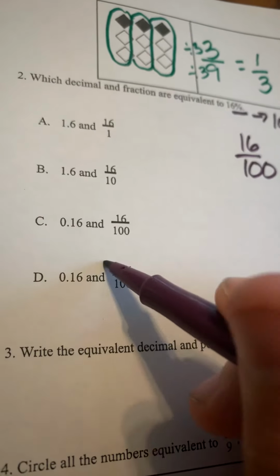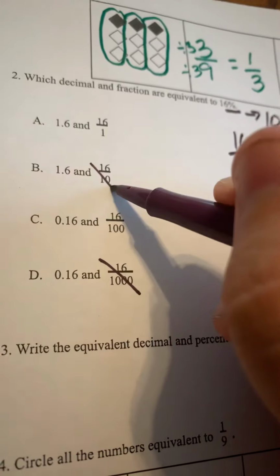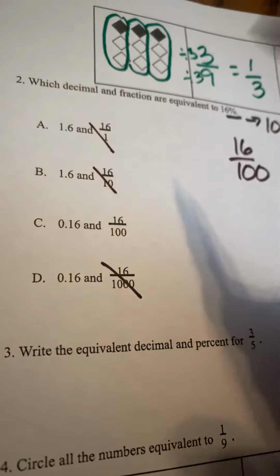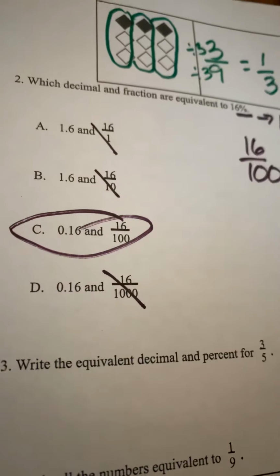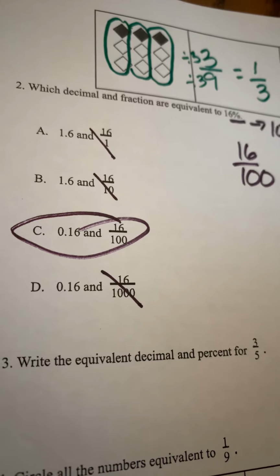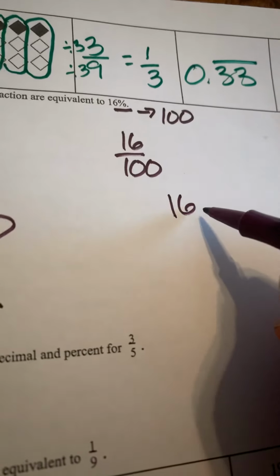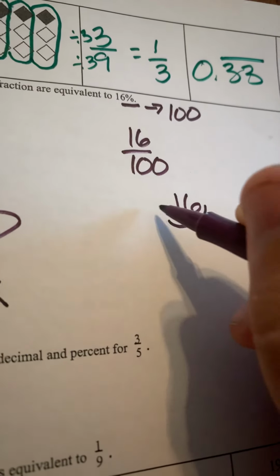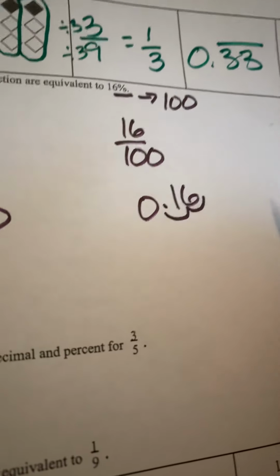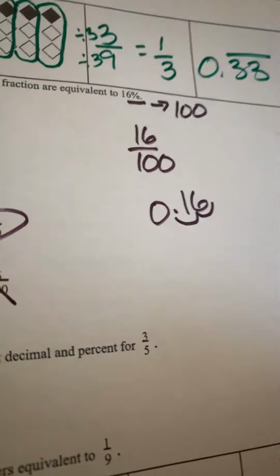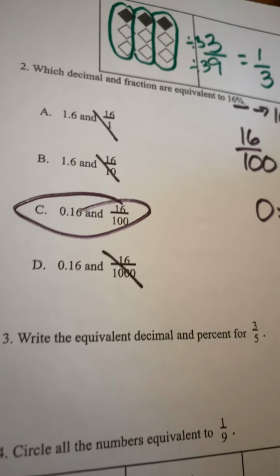It's not out of 1,000, so that one's out. It's not over 10, and it's not over 1. So I know it's going to be 1,600 because I can take this decimal percent, move that decimal 2 places, 16%, and then the fraction 16 over 100.